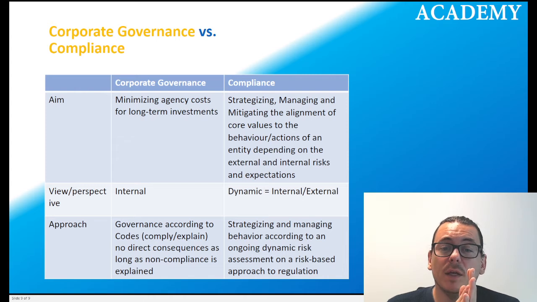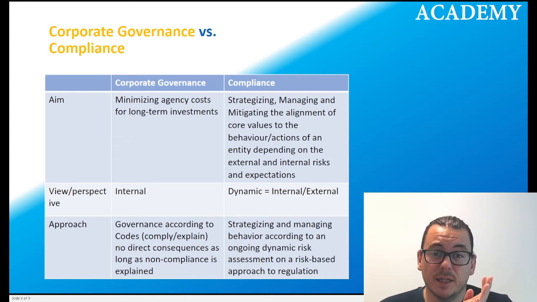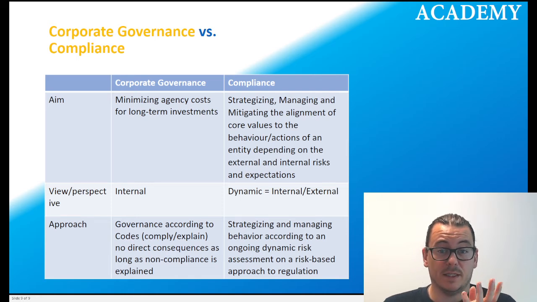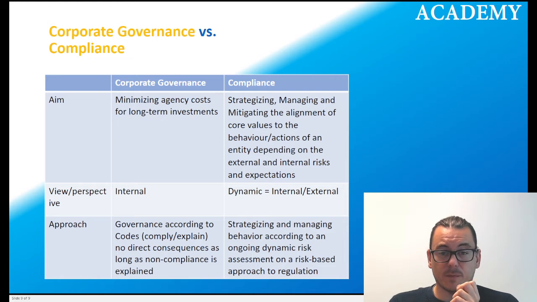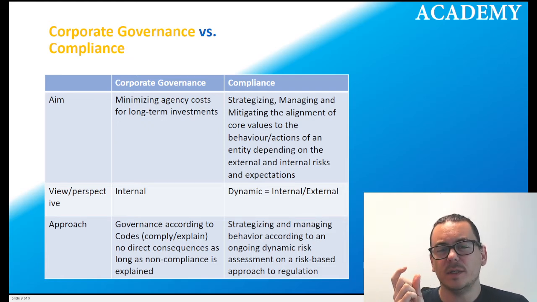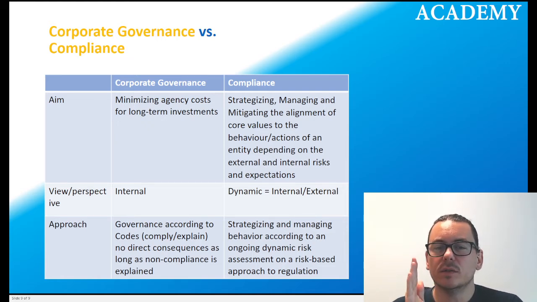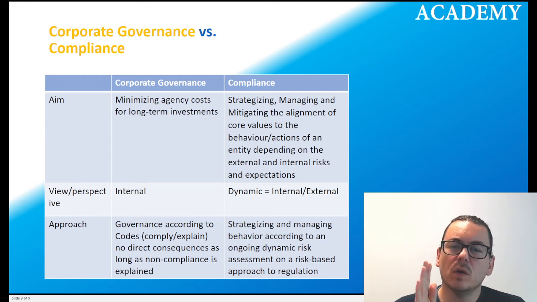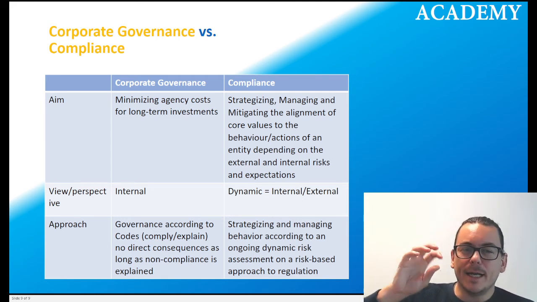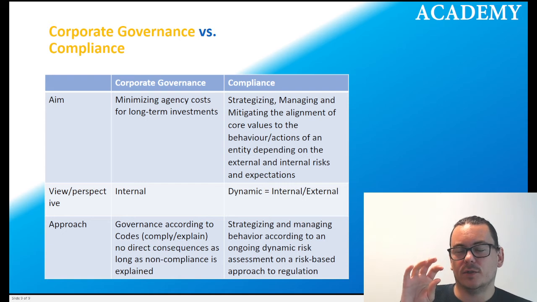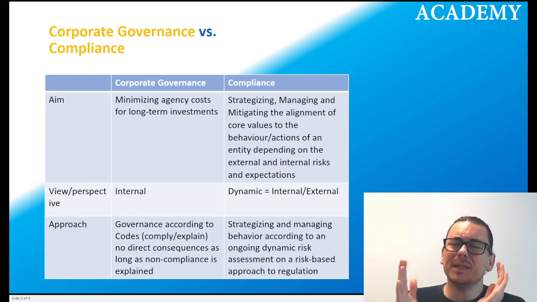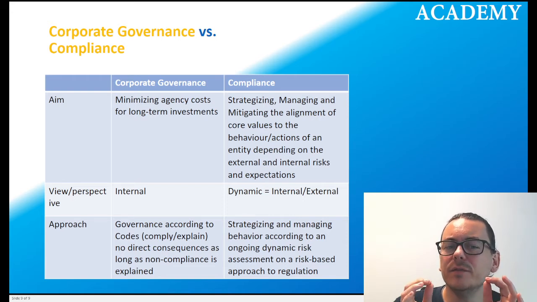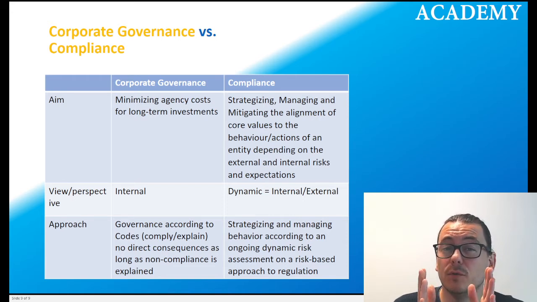Compliance, the aim here is to strategize, manage, and mitigate the alignment of core values to the behavior and actions of the entity depending on external and internal risks and expectations. So here there are some similarities because good governance also wants to relate to external and internal expectations given its stakeholders. So where is the big difference? Well, the big difference comes when we look at the view, the perspective.